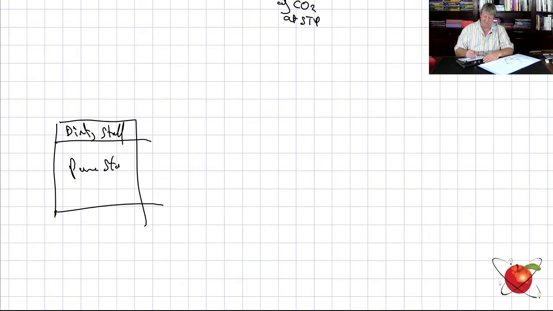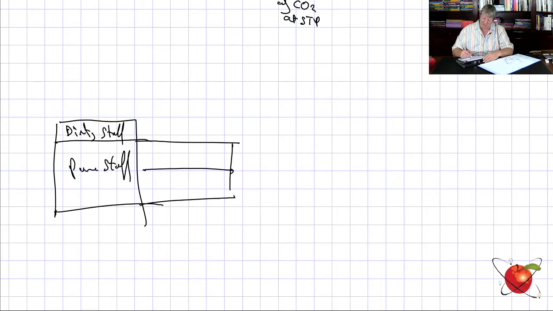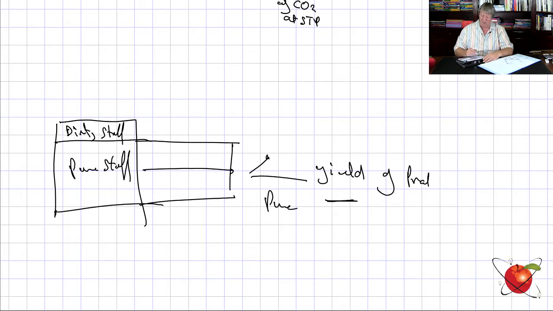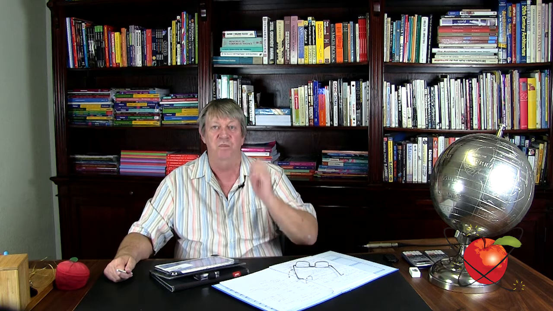When we do the experiment, the pure stuff goes into the process and comes out with the yield of product. If we know how much is pure product, pure stuff to pure product, pure reactants to pure product, this is very important.